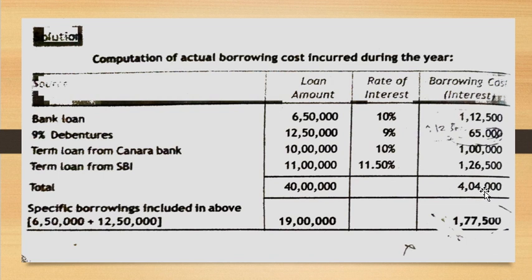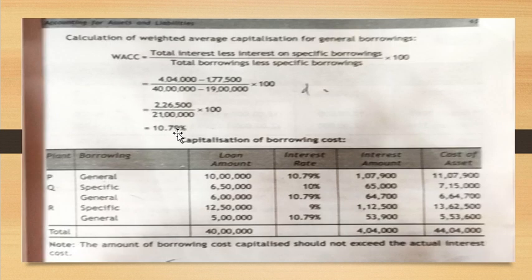So here it is 4,04,000, but when we use the weighted average cost method and calculate the interest, we find a variation: 40 rupees more under 64,700, where we get 64,740, and under 53,900 we get 53,950. So we get 90 rupees excess.